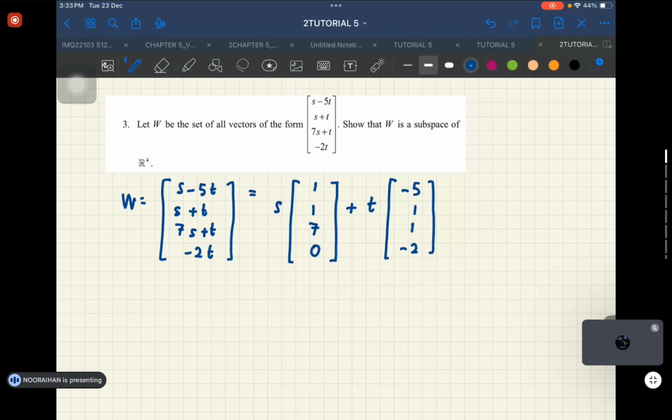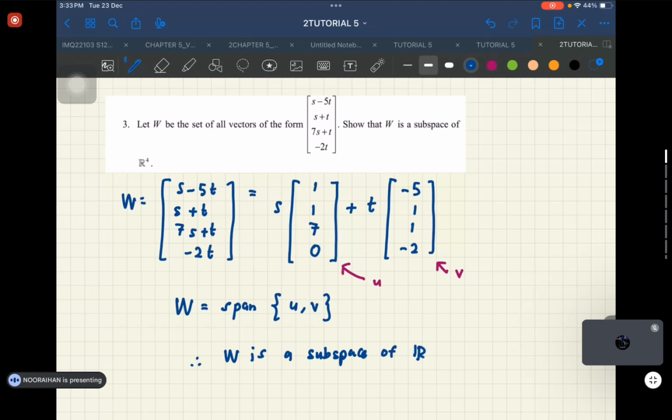So you can conclude that W is equal to the span of U and V. So this is U and this is V. So W is a subspace of R4, because there are 4 dimensions. Okay, that is number 3.